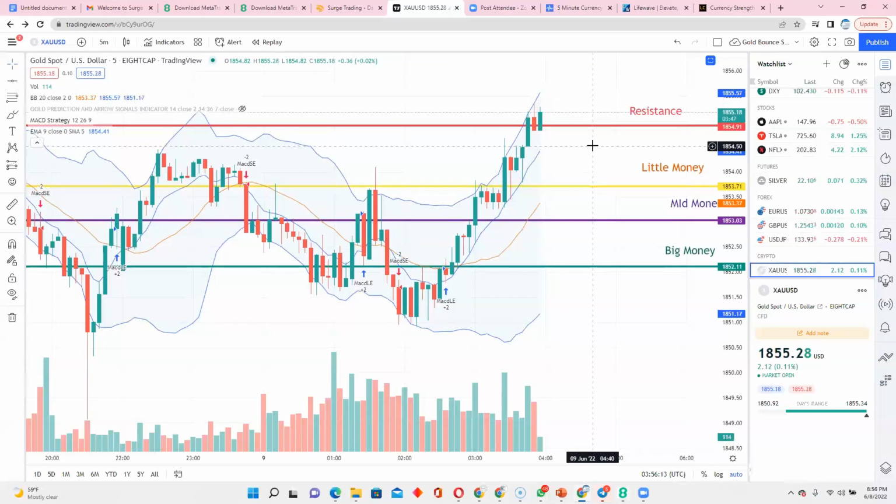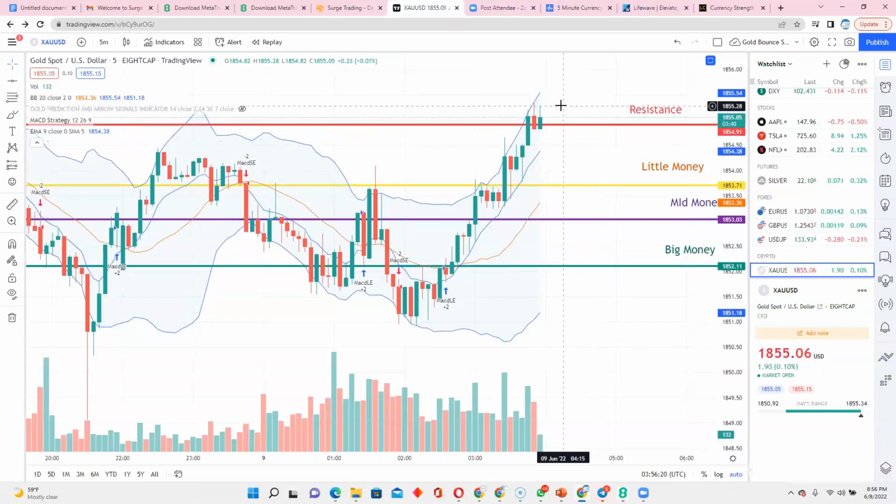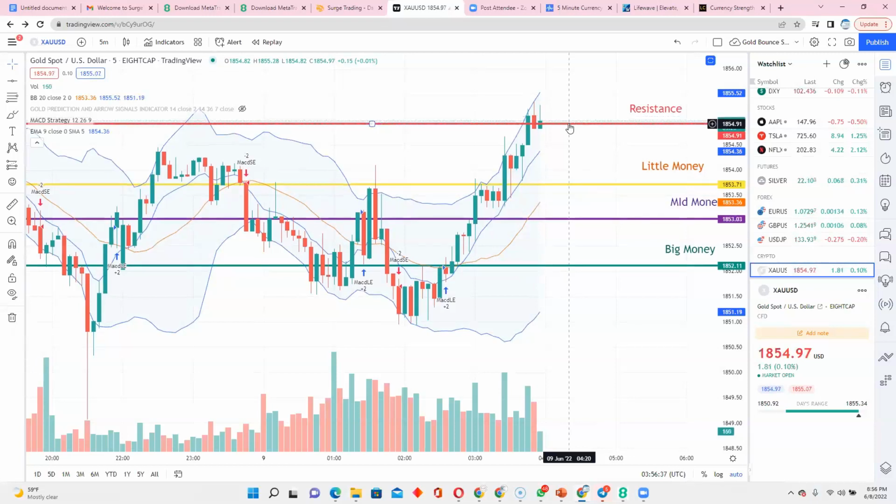There it is. It went back up. This is that high area. The resistance is trying to pull up to like a 07, but this is still a great resistance because we should be seeing it come back down underneath this resistance line.